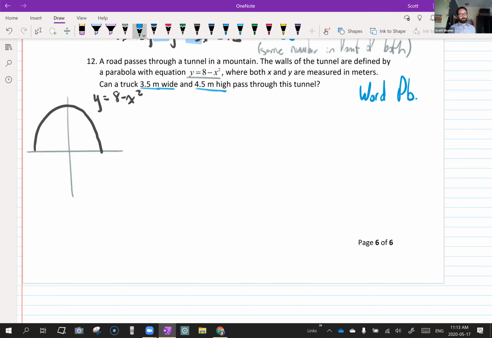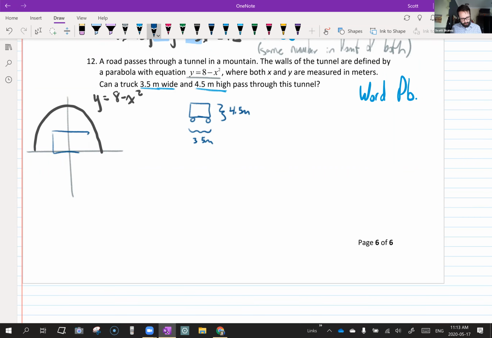So we're going to do something similar to what we did in the other word problems. Let's just think about this for a second. I want to think about this truck. We have a truck that would be 3.5 meters wide, and the height is 4.5 meters. We need to put this truck inside the tunnel. Let's say the width is 3.5 across.